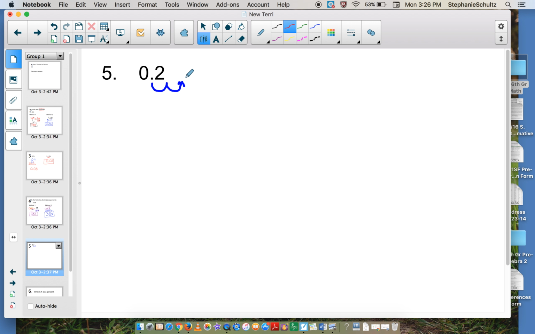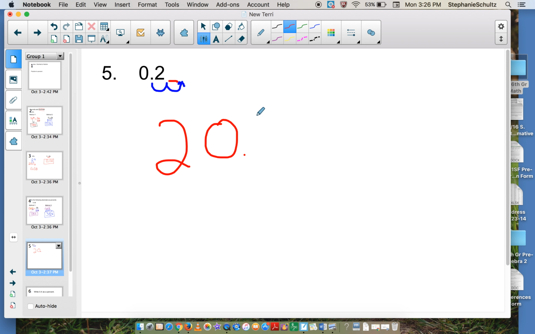Anyone notice anything? There's a big gap here. What do you think we're supposed to do with that gap? If you're thinking, hey, I should put a 0 there, you're right. So let's go ahead and make it 2, 0, decimal point.